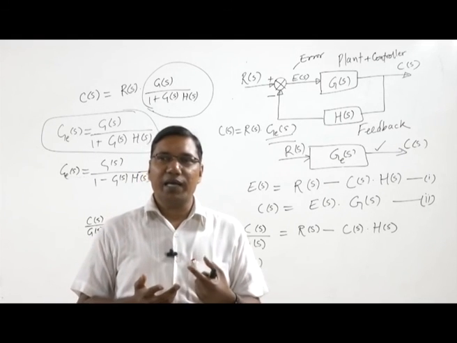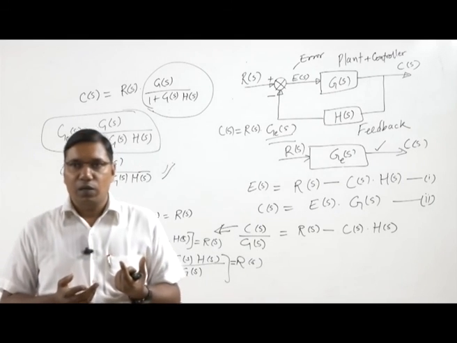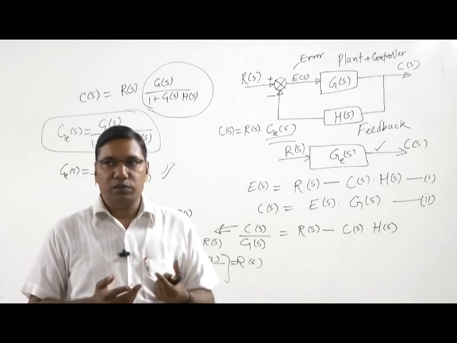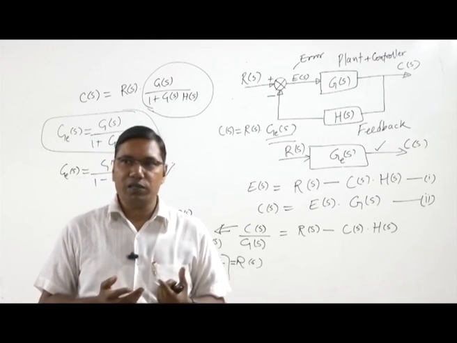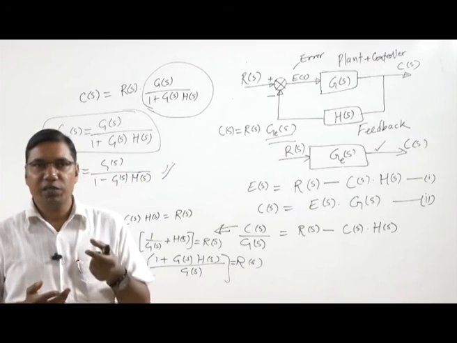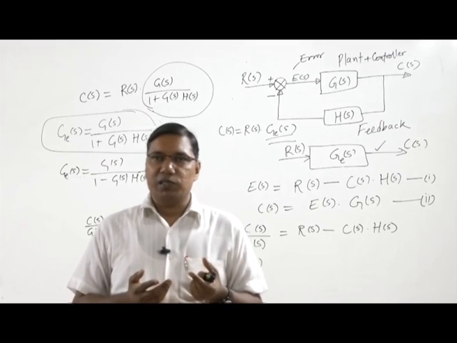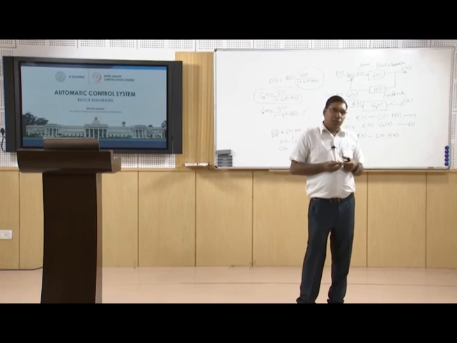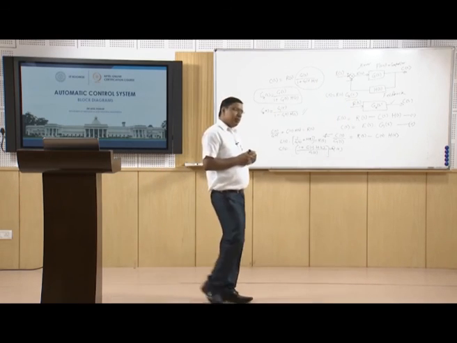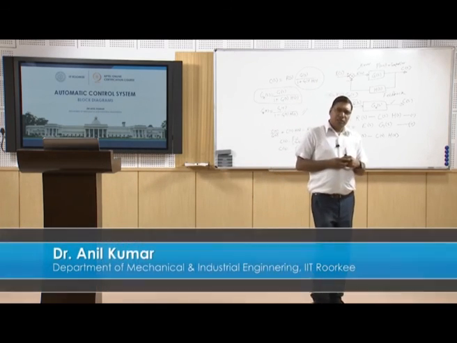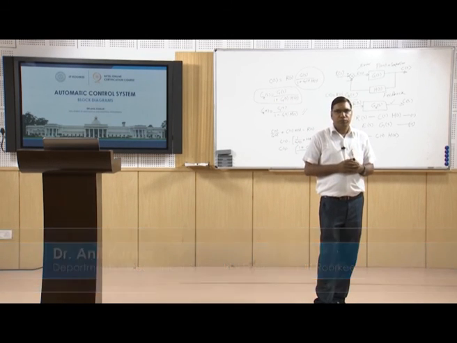So the block diagram takes the properties of a system, where the physical features are not important, but what is important is the properties of the system that govern its performance. The last point is that we can make several block diagrams for the same system.